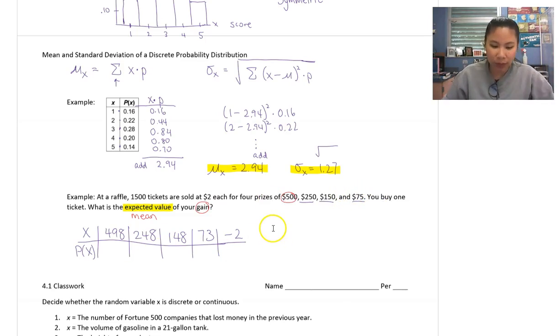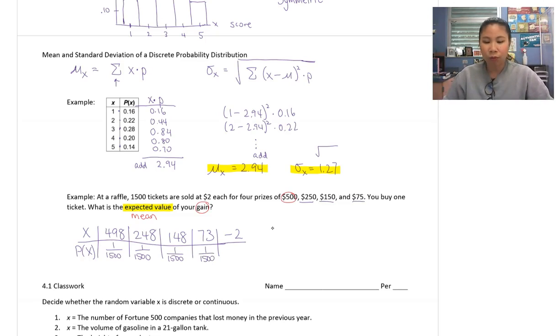To find those probabilities, we know there's 1 ticket where I could gain $498 by winning the $500 prize, 1 ticket to win the $250 prize, where I would gain $248, 1 ticket to win the $150 prize, and 1 ticket to win the $75 prize.